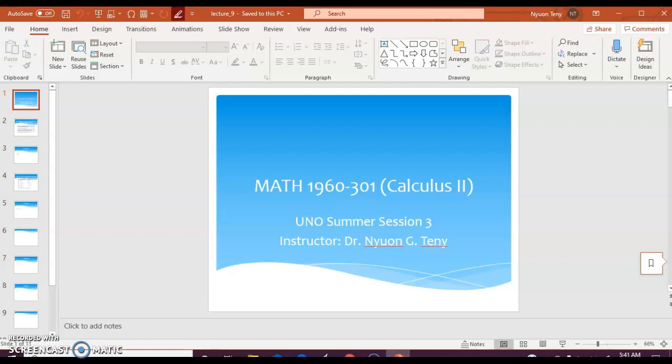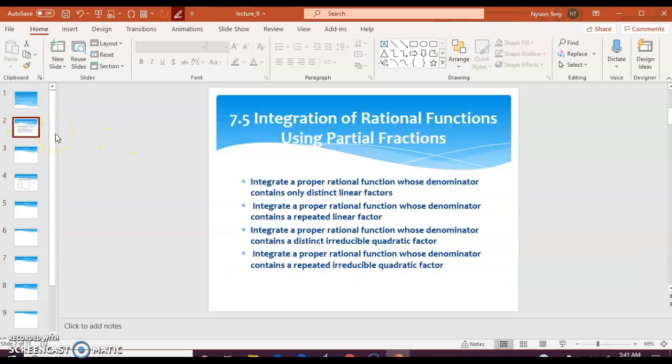Today we're going to discuss integration of rational functions using partial fractions. First we need to have a proper rational function.